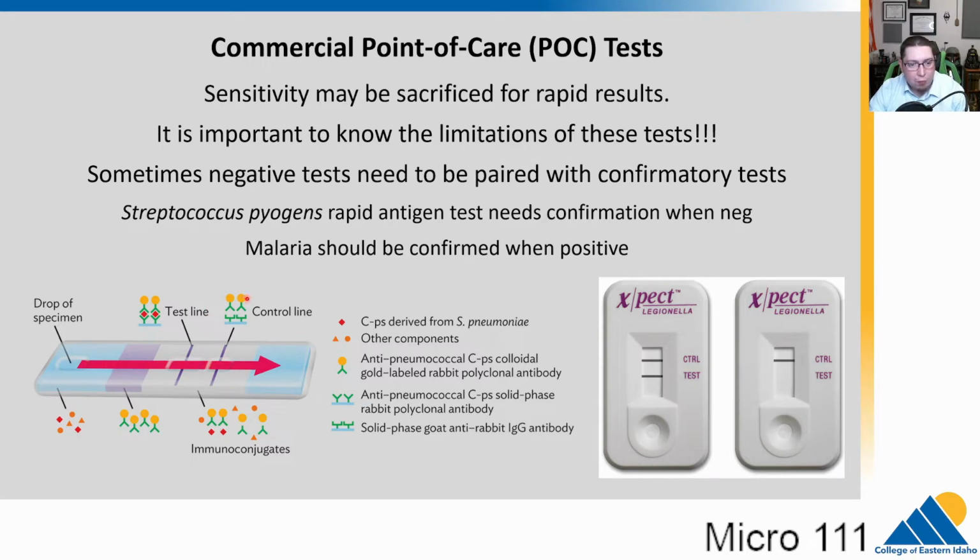We bind these free floating antibodies. That shows that the test actually made it all the way out here and that it did indeed work. There are no problems with it. This test line, if it was negative, no antigen would be bound. The color would not show up because these would just keep floating on by and get caught by the goat one. Okay, so that is exactly how our COVID-19 rapid test works.